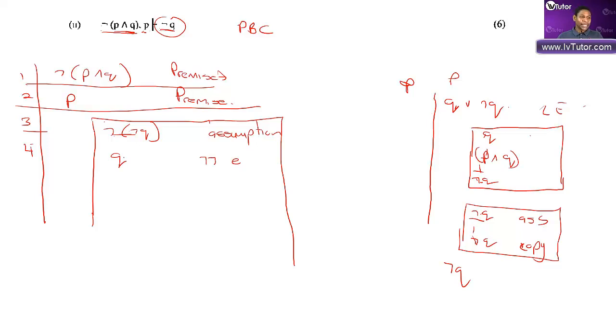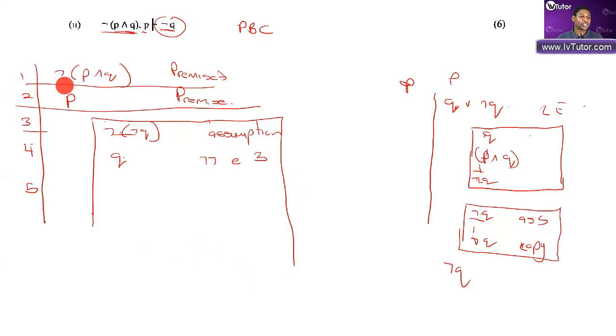Where did I apply it? I applied it on line number 3. Now I have got Q. I have P already. You see here that this whole subproof or assumption box is nested within my main proof.